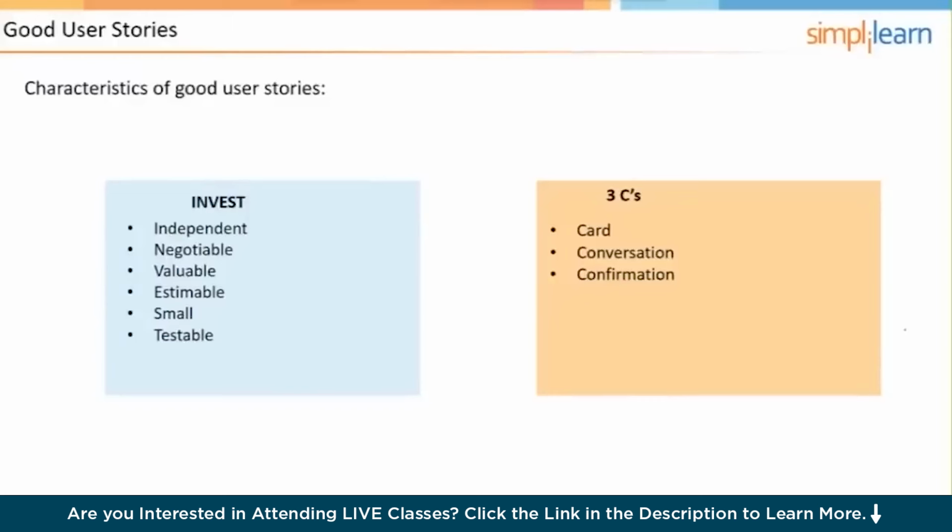what it's supposed to look like at the end, which leads us to the third one, which is confirmation. Each user story essentially has to have acceptance tests in it itself. So card 4 by 6, conversation, that's the starting point.